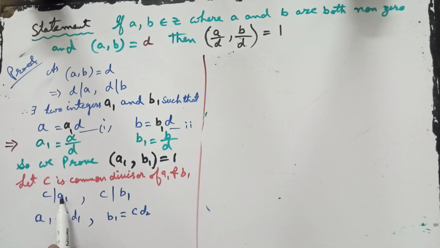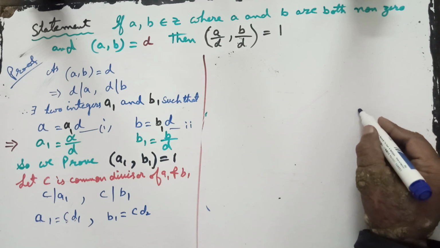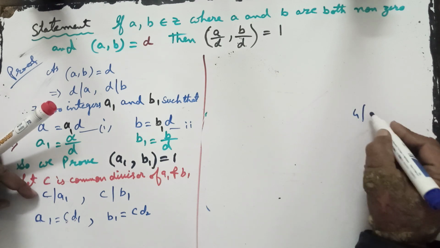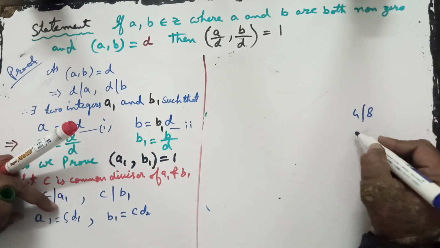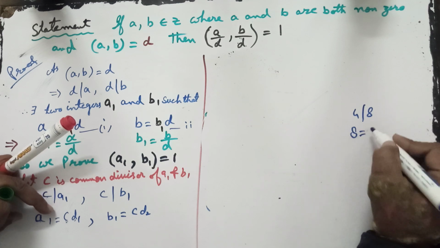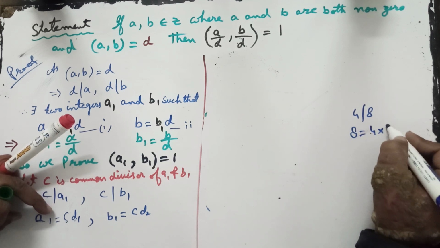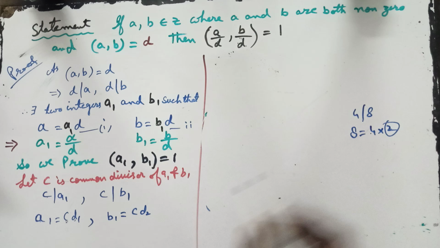If this is the divisor and this is the multiple, then the multiple can be written in the form of two factors: some number which we multiply with c to become a1. For example, if c is 4 and a1 is 8, then 8 can be written as 4 multiplied by 2.